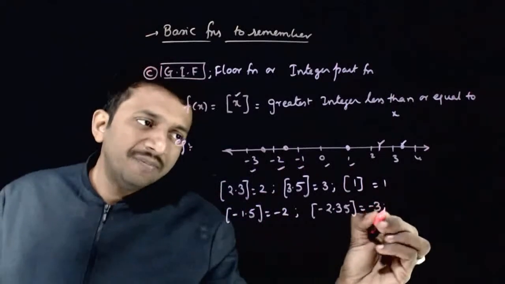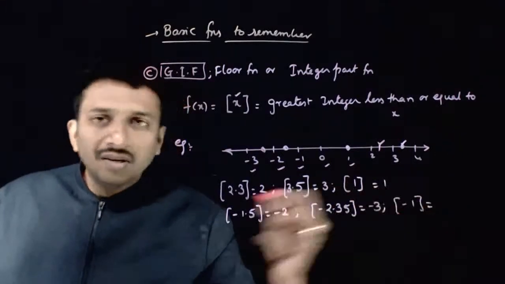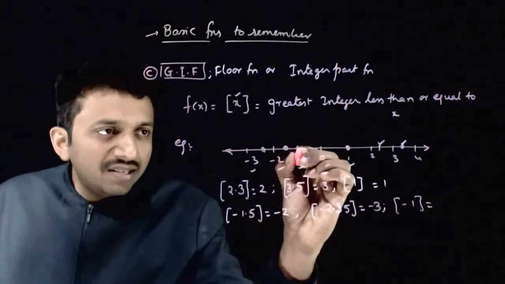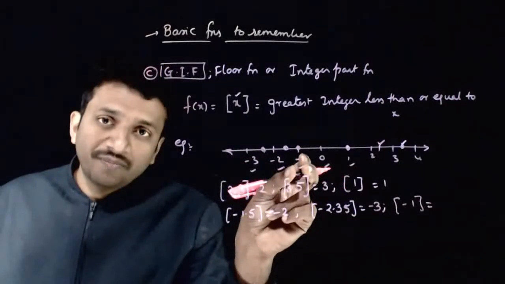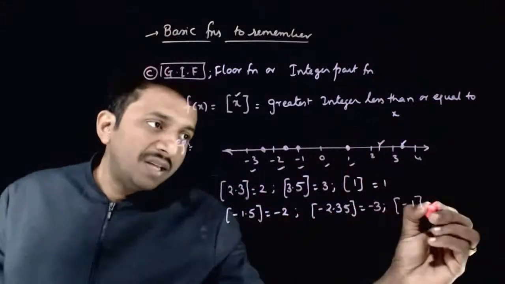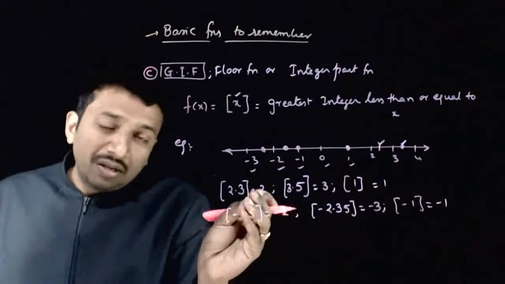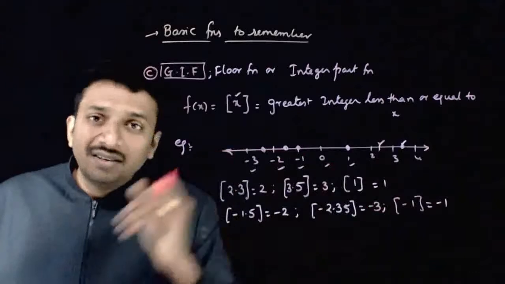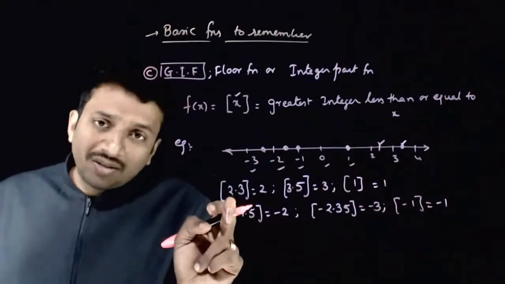Minus 3. So what is the integer part of minus 1 itself? Minus 1 lies here. If you consider all the integers less than or equal to minus 1, the greatest of all of them is minus 1. So this is how you calculate the integer part of a specific number. I hope you have understood what this is.